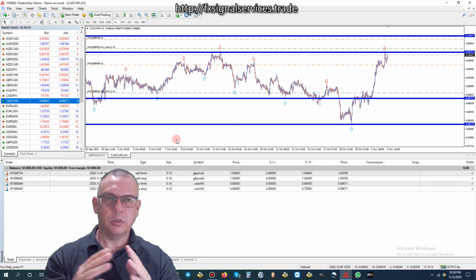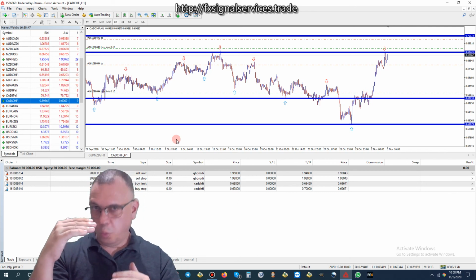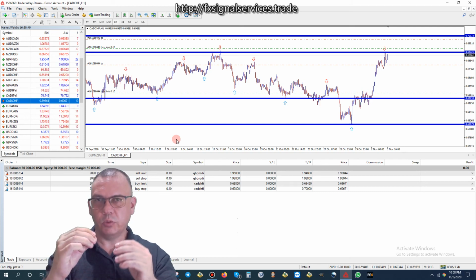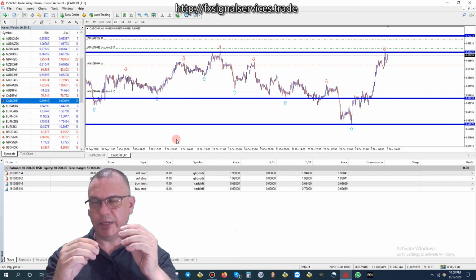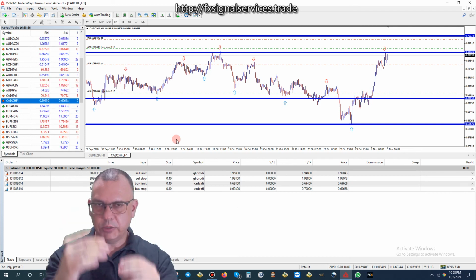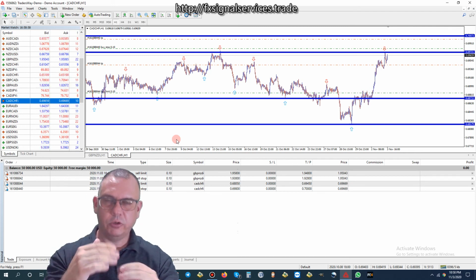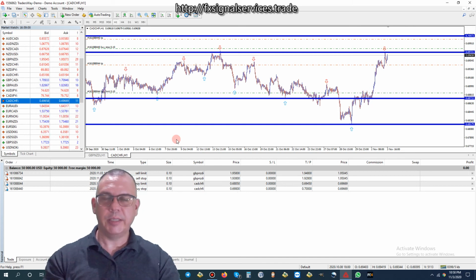So if you use a stop order, what could happen is the price will go up a little bit, activate that stop order, create a buy trade, and then drop. And then you have a big drawdown. I've seen it happen many, many times.